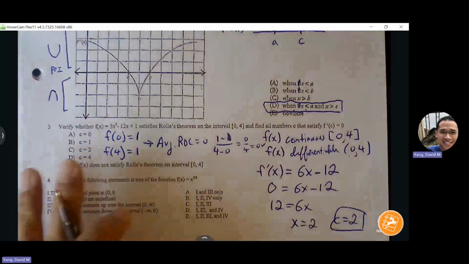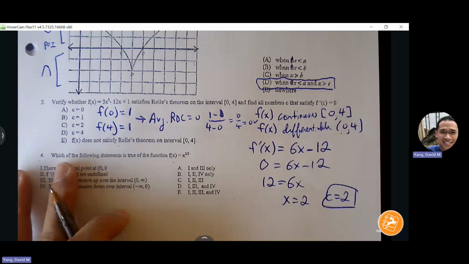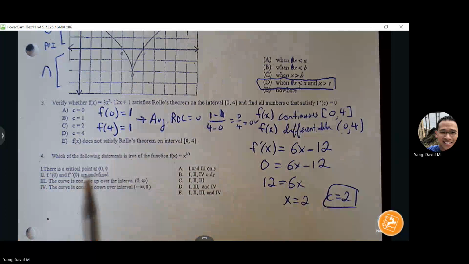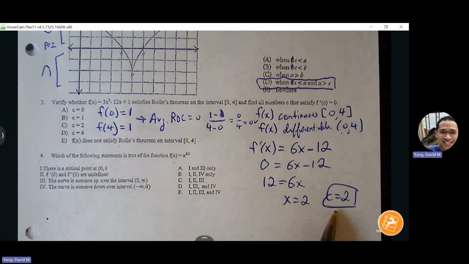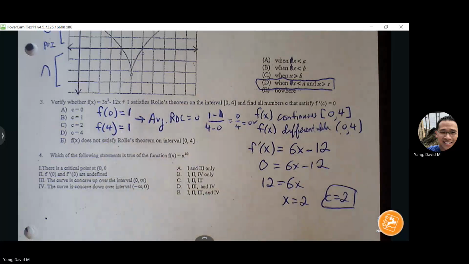So that means at c equals 2, or when x is equal to 2, this curve is going to experience a slope of 0. And this location is safely between my endpoints. c equals 2, yep.